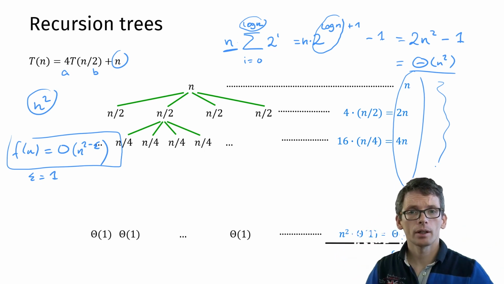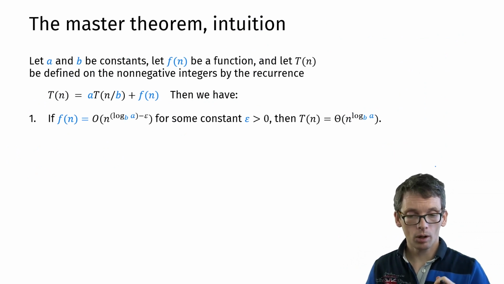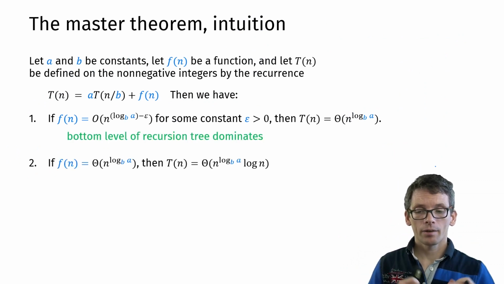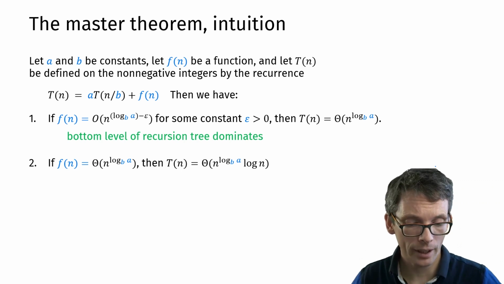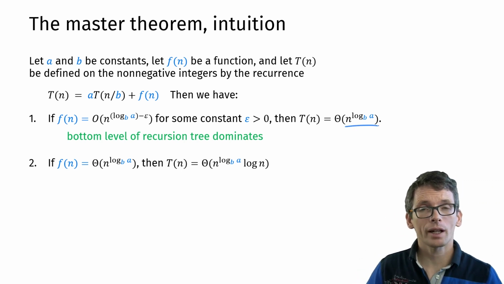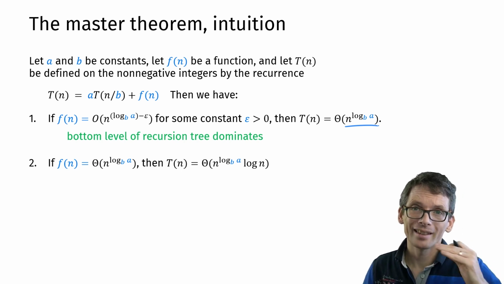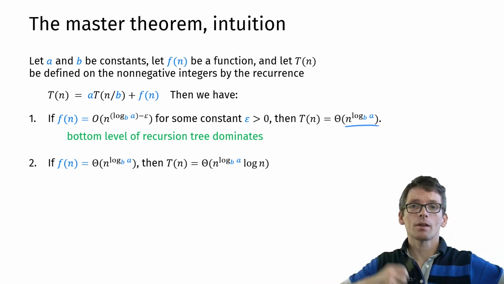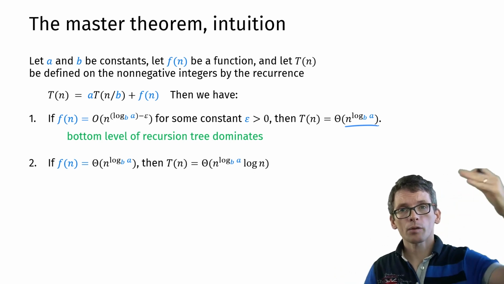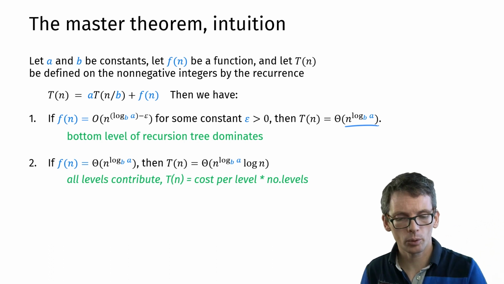Once more, in terms of the relation to the master theorem, in case 1, which we just saw, what we had is that the bottom level of the recursion tree dominates, and that's why we get the number of elements on that bottom level, which is n to the log a base b. In case 2, we had that essentially every level has the same contribution, and therefore we had to count the number of levels and take the contribution per level.